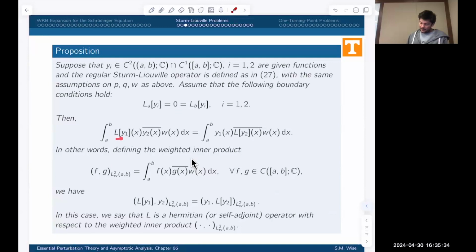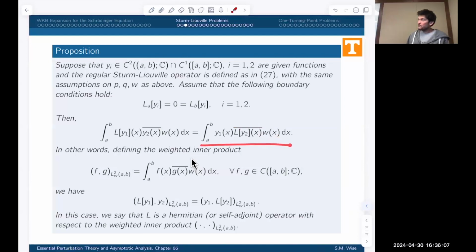Then the integral of y1 against y2, with the complex conjugate of y2, integrated against the weight function w from a to b, you're going to find is the same as the integral from a to b of y1 times the complex conjugate of the Sturm-Liouville operator acting on y2, multiplied by the weight function.